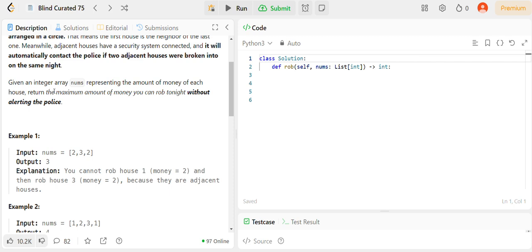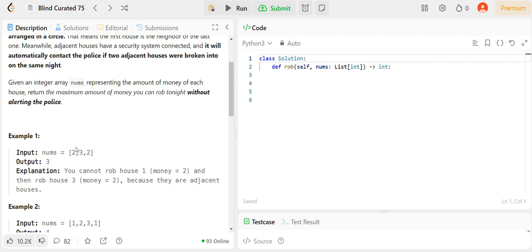We have to return the maximum amount of money. For example, here we got 2, 3, 1. Each number represents a house, and the number means the amount of money in the house.